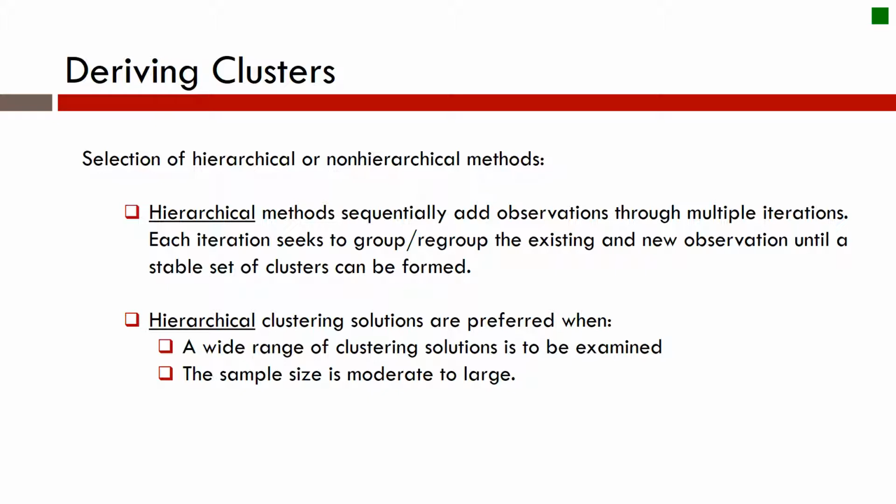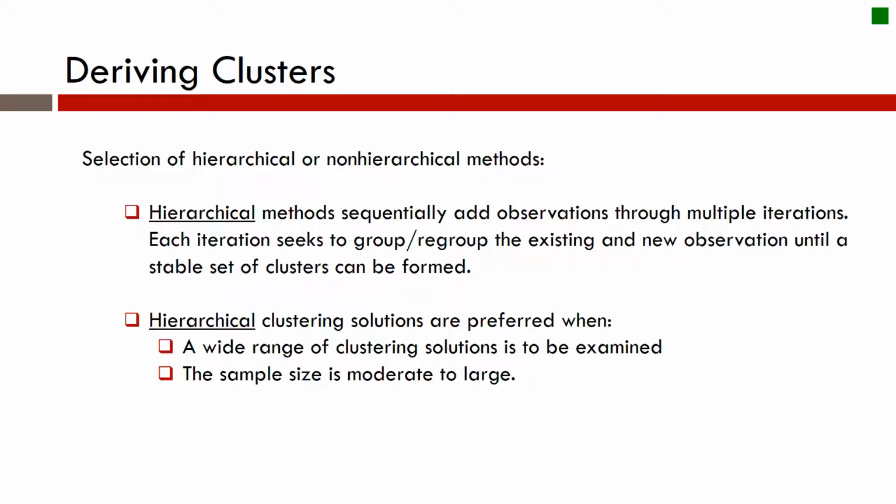Moving forward, we can talk a little bit about hierarchical methods. Essentially, a hierarchical method is one where an observation is added at every step, and throughout a series of sequential steps or iterations, these observations are grouped, regrouped, and grouped again.